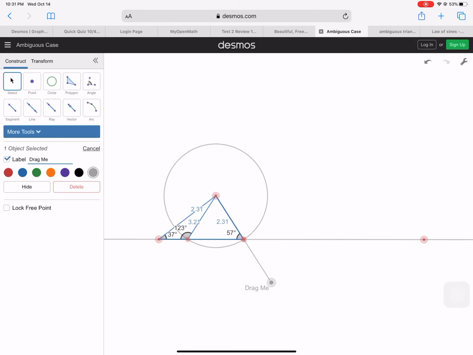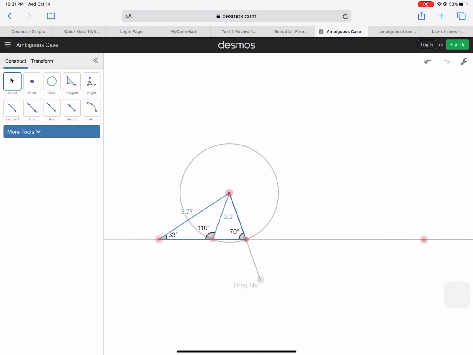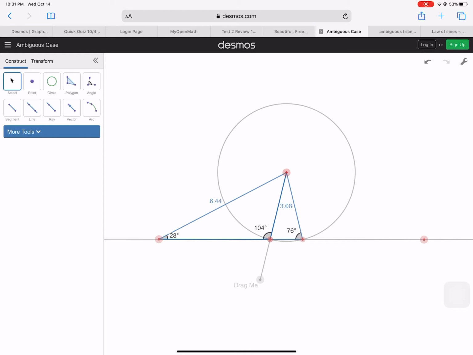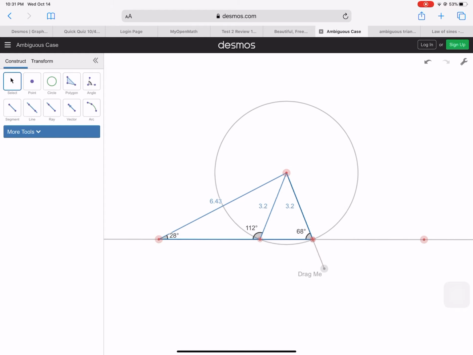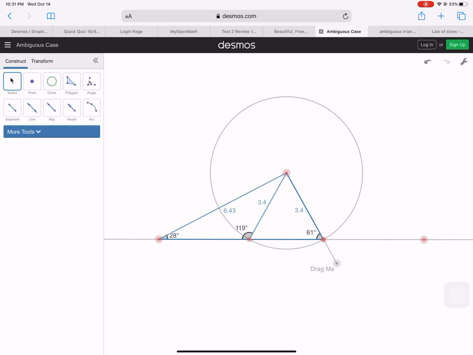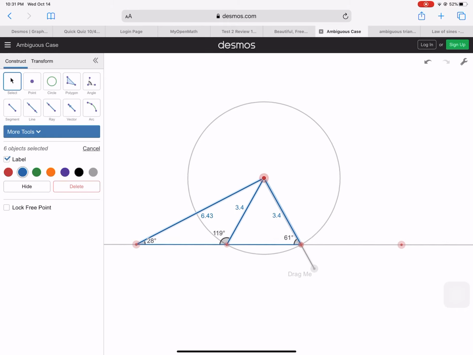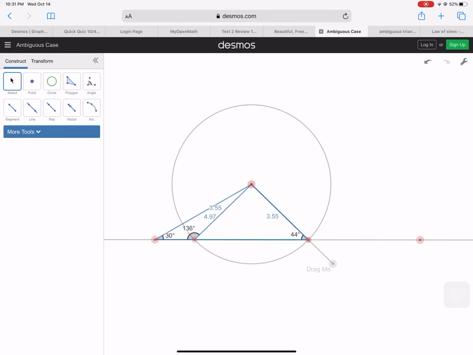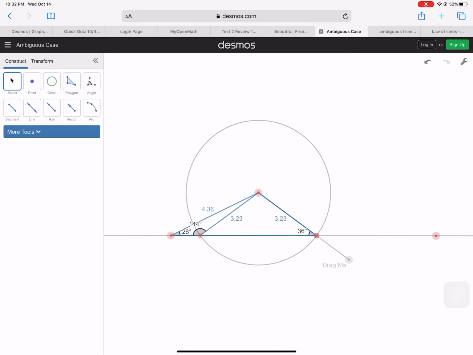So what does this conclude? If it's a long side followed by a short side, we're going to have this ambiguous triangle, two possibilities, and we have to solve for those two possibilities. But if it's angle, short, long, I'm going to make this side longer.